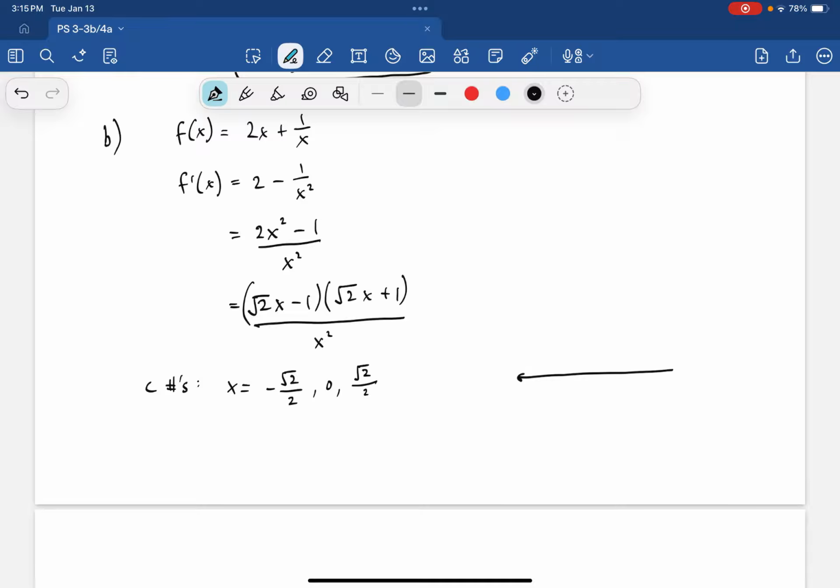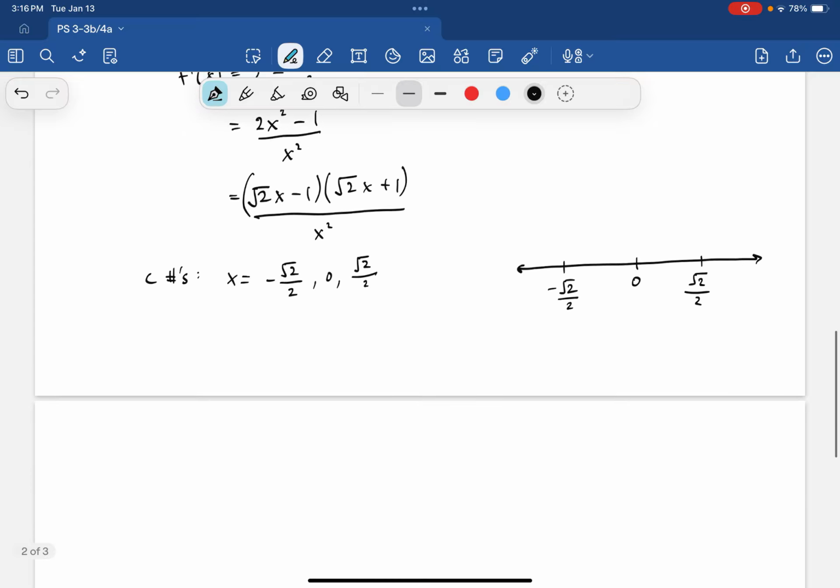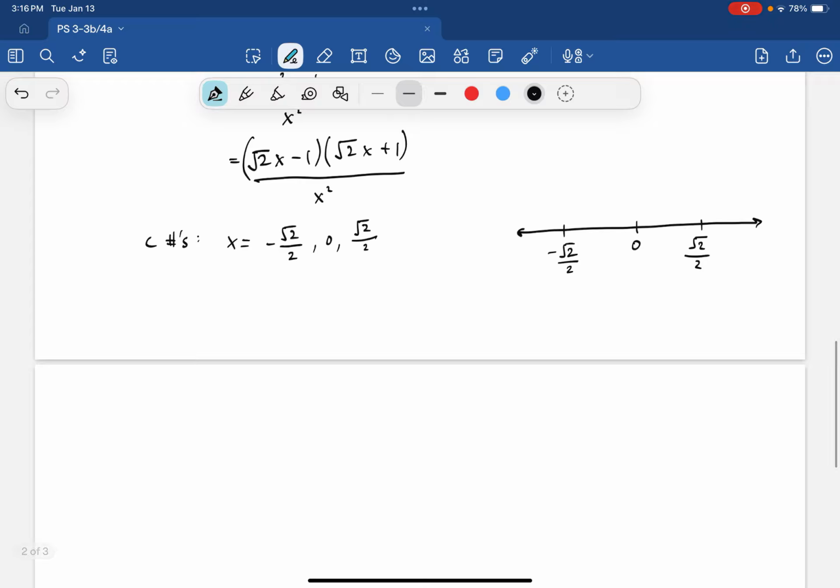So that means the number line will be divided up into 4 intervals. So we need to go ahead and test each of these intervals and see what they're doing. Let's test the first interval. Let's test x equals negative 1.